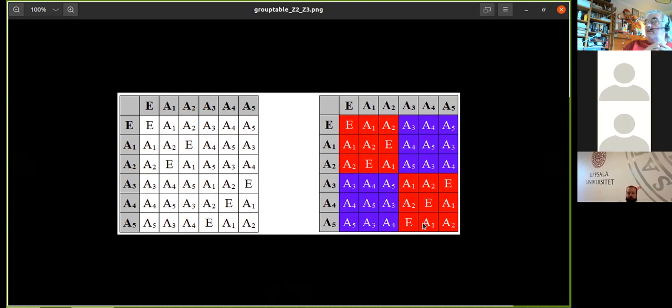Now, the idea is that a sixth order group, at least this one, can be factored into smaller groups, a 3 by 3 group multiplied by a 2 by 2 group will perhaps make a 6 by 6 group table.